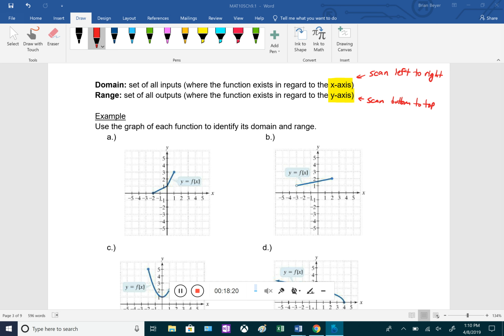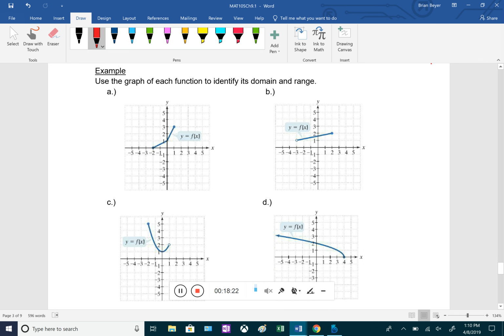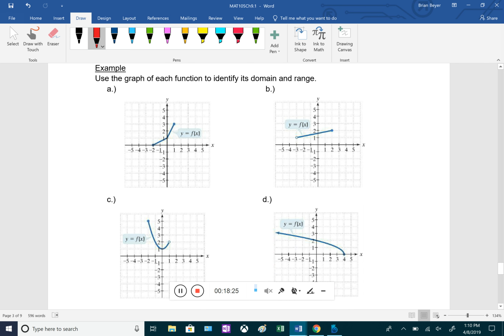So let's use each graph here to find the domain and range. For the first one, we have this function. I'm just going to label these D and R for domain and range. Domain, we scan left to right. Scanning this left to right, the function starts existing at -2. Since there is a closed circle, it's filled in, that means we use a bracket.